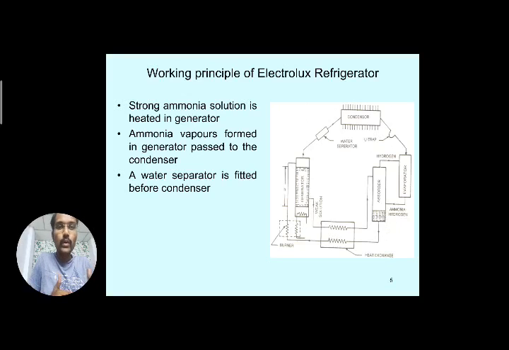On the way, they are passed through a water separator, or some analyzer or rectifier, where the water vapor particles are separated. So the water separator is fitted before the condenser component.